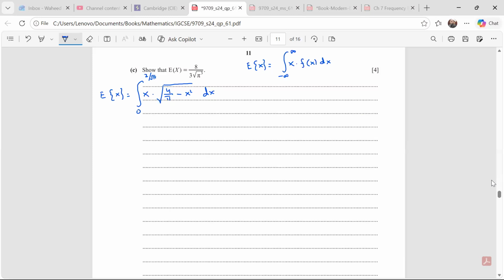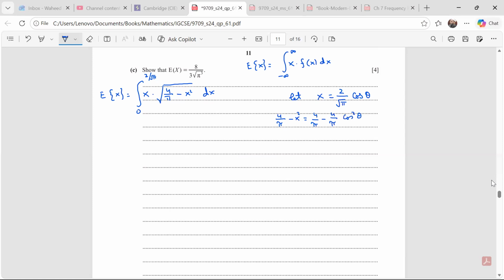We will do it by substitution. So what I will do is assume that x is equal to 2 over root pi into, we can take sine or cosine, let me take cosine, cos theta. So 4 over pi minus x squared would be 4 over pi minus 4 over pi into cos squared theta.